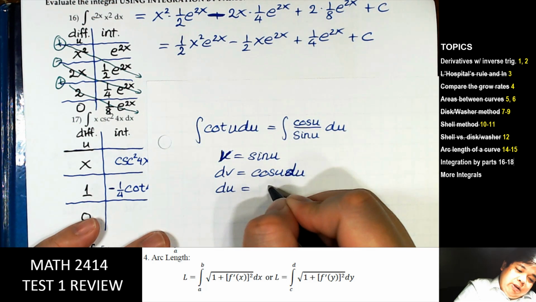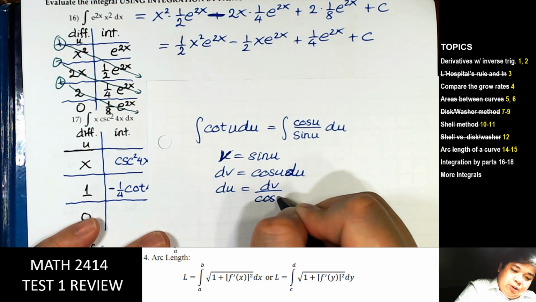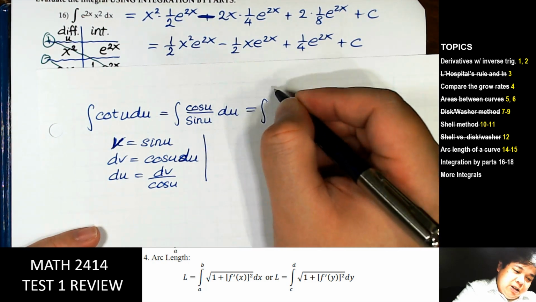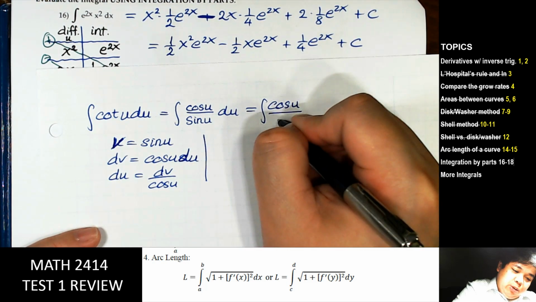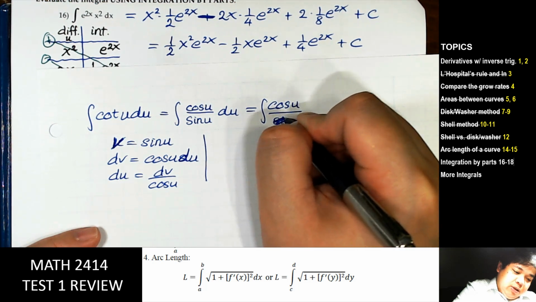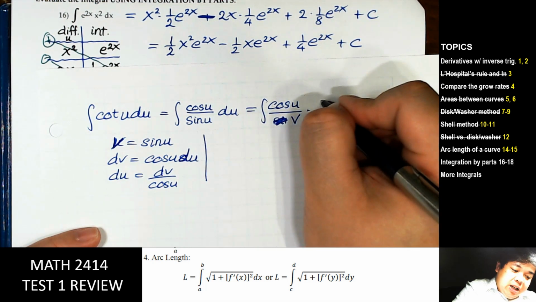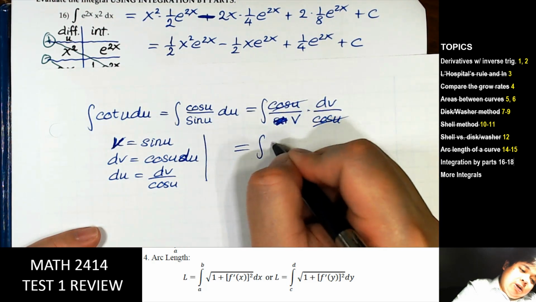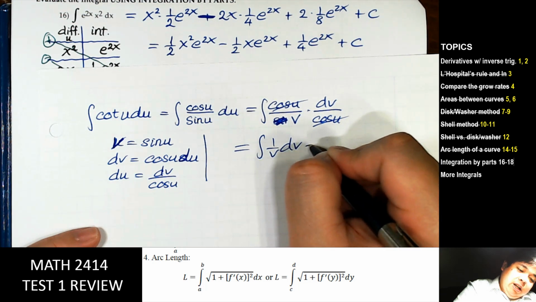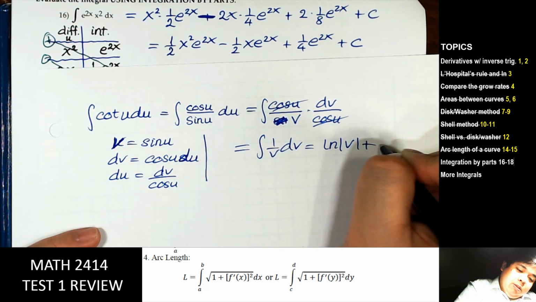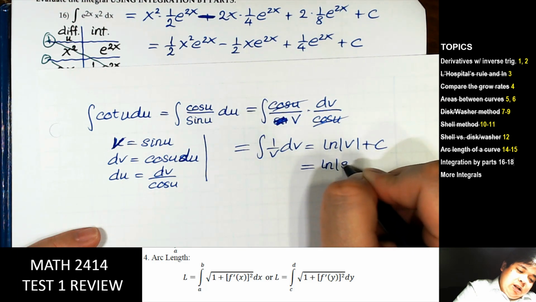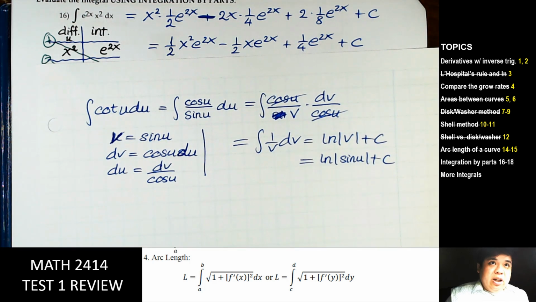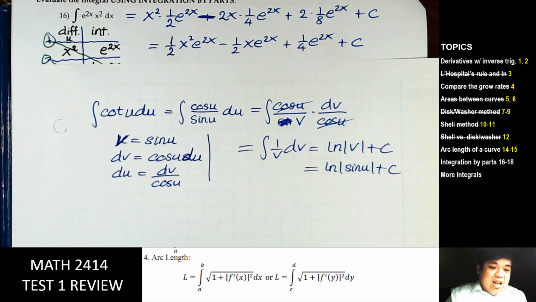So du is dv over cosine of u, right? Substitute this back in. Cosine of u over sine u is v now. The dv over cosine of u cancels out. 1 over v dv gives ln of v plus c, ln of sine u plus c. So that is the integral of cotangent of u. If you happen to forget, that's how we derive it.